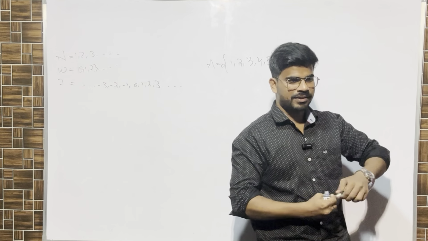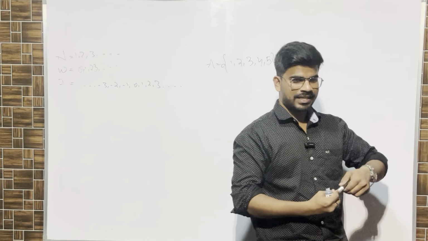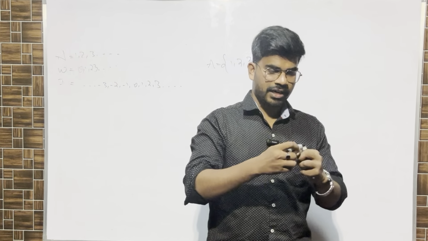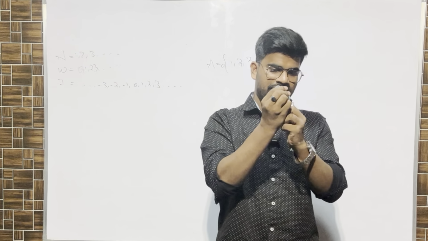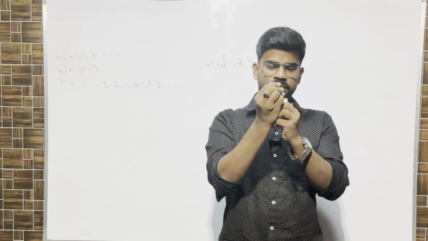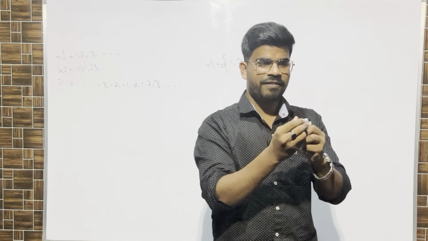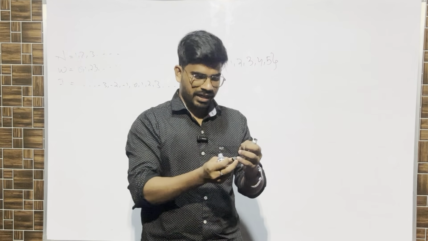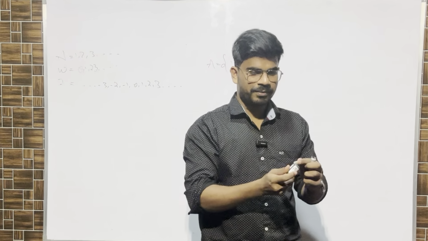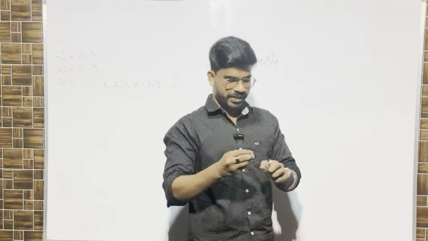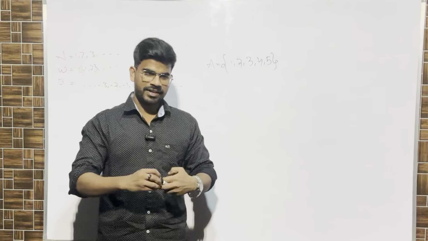Sum of digits should be 8. 1 plus 7, like that. 1, 7, 17 is a number. 2, 6, 26, very good. 26 is another number. 35, 53, 44, 71, 62, yes. 71, correct.